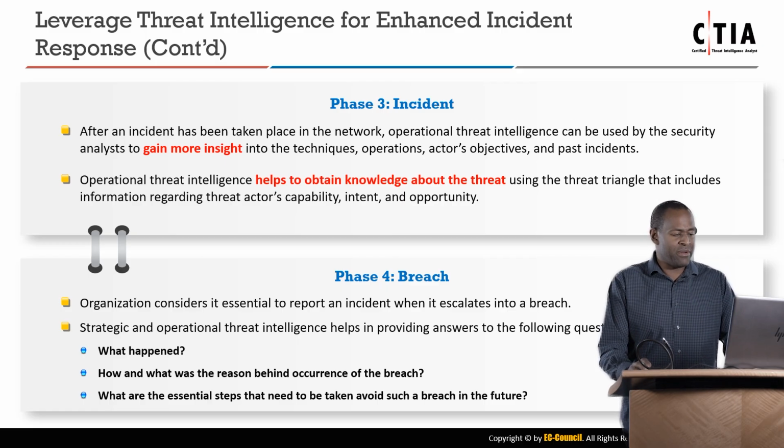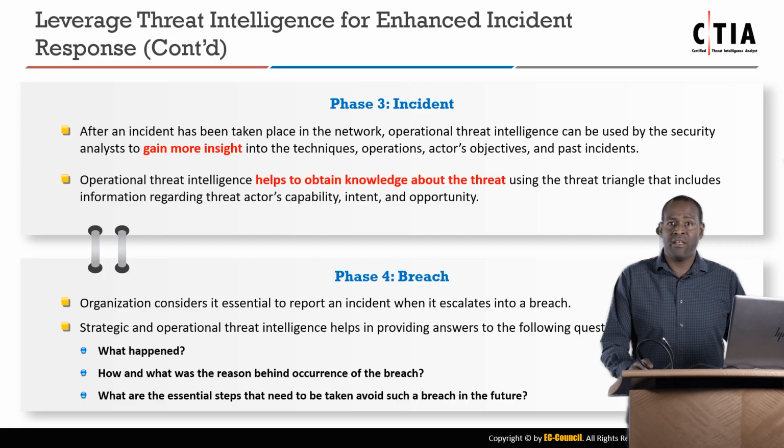But we want to know what happened. We want to know how and what was the reason behind the breach and any steps that can be taken to avoid any type of breach like this in the future. Anything from tightening down our information systems using multiple factor authentication to isolating systems in another network, etc.